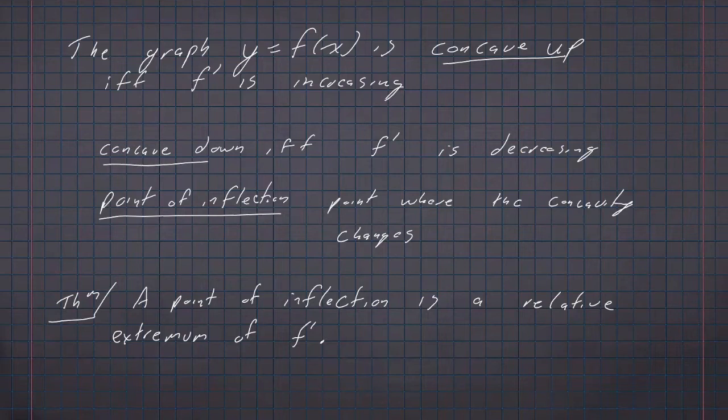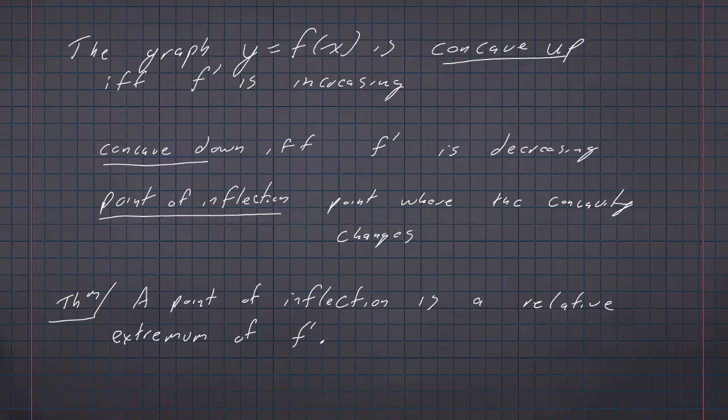Thinking to the application of calculus in kinematics, where Isaac Newton first developed many of these ideas, if we think about the original function as describing the position of an object, then f prime is the rate of change of that position, the velocity of the object. And how f prime is changing in velocity is called acceleration.